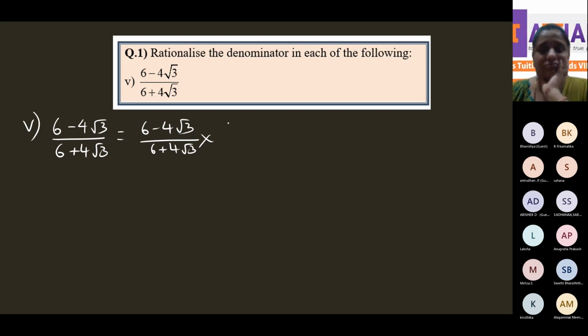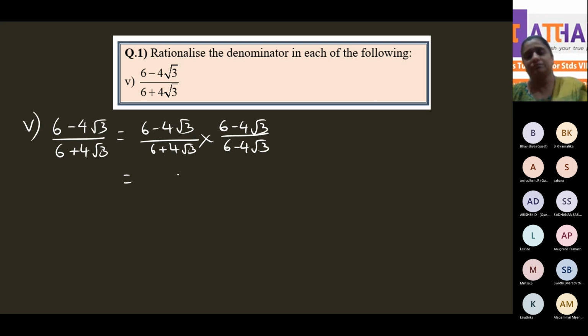Ma'am, 6 minus 4 root 3. Yeah, divided by 6 minus 4 root 3. Next step, multiply the numerators. Read the numerator, Aragamai. What do you see there? 6 minus 4 root 3 into 6 minus 4 root 3.